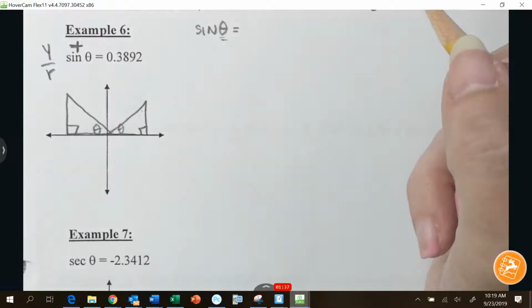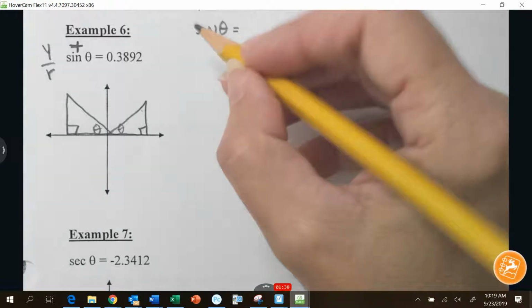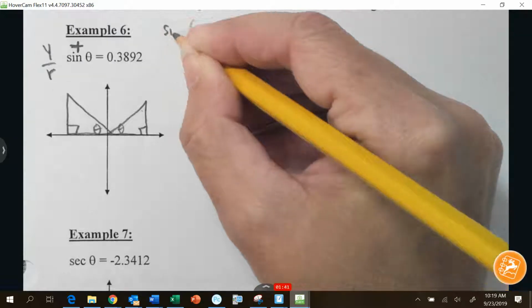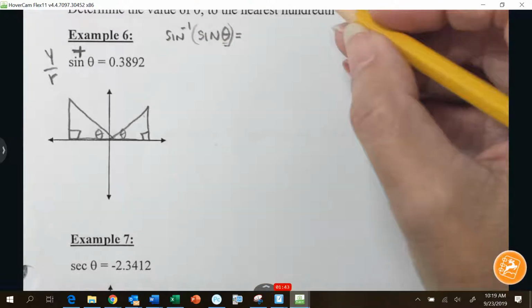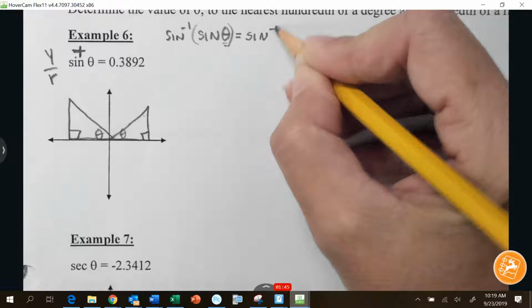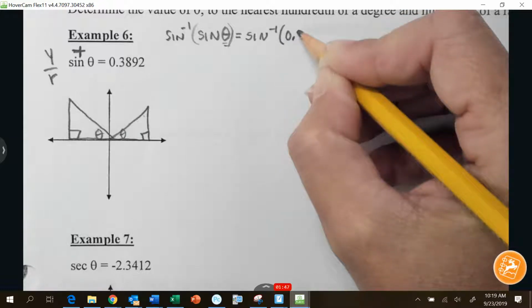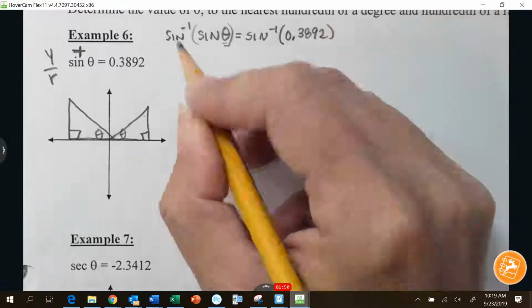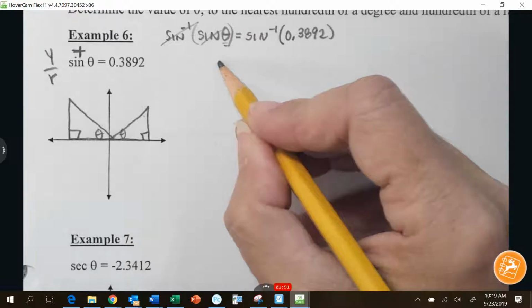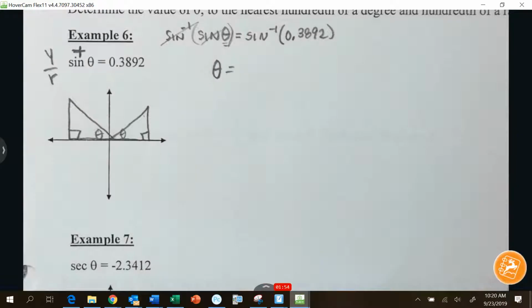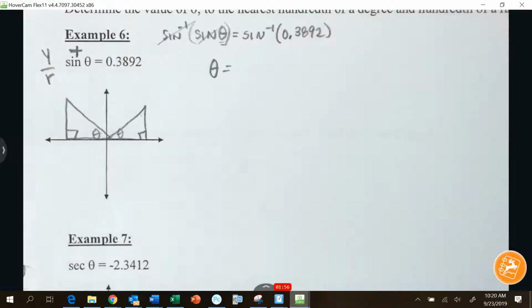What's it called? Inverse sine. So we do inverse sine, which looks like sine to the negative 1. It means inverse sine. We do that to both sides of the equation. That's the only thing that cancels out sine. We get theta by itself. So then we're going to do that on our calculator.